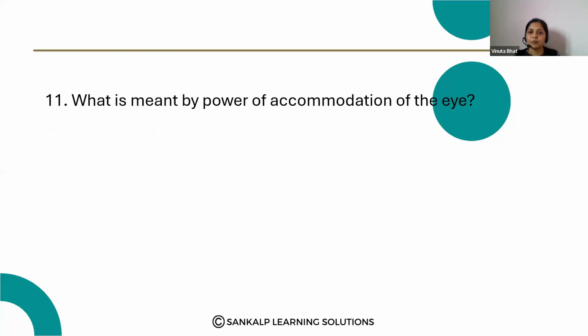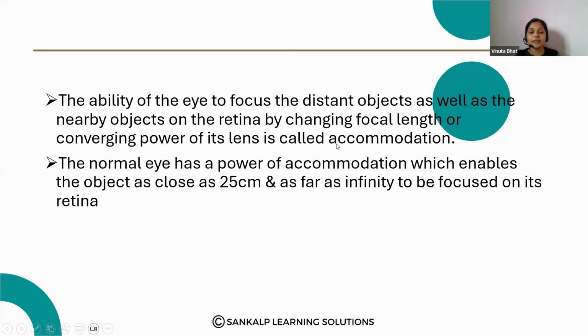What is meant by power of accommodation of the eye? Here, you have to write the answer like this. The ability of the eye to focus the distant object as well as the nearby objects on the retina by changing the focal length or converging power of its lens is called accommodation.